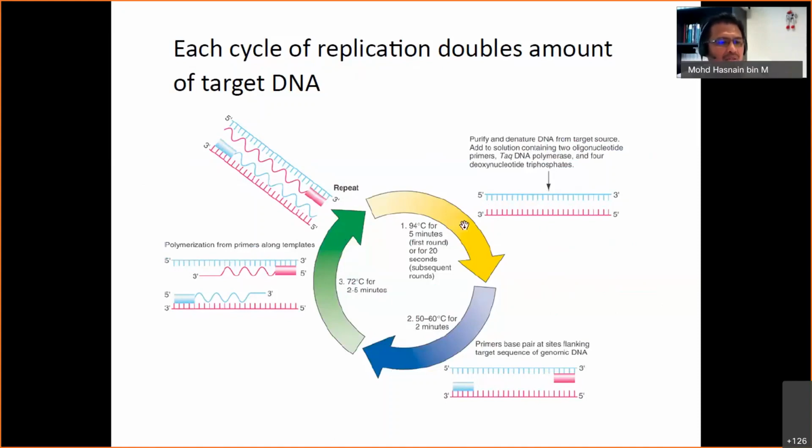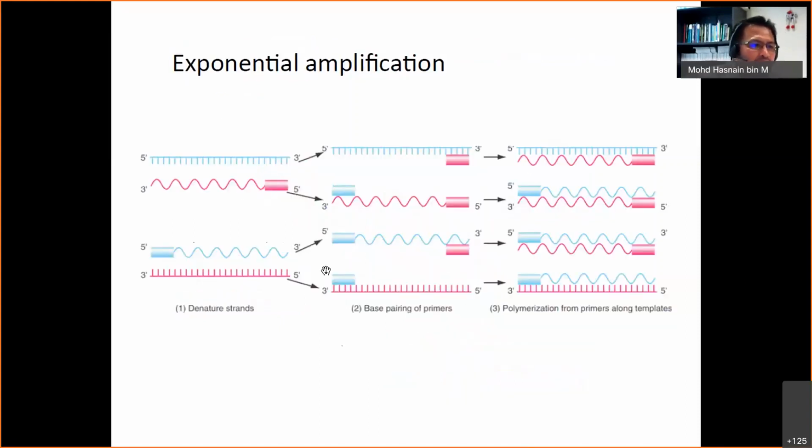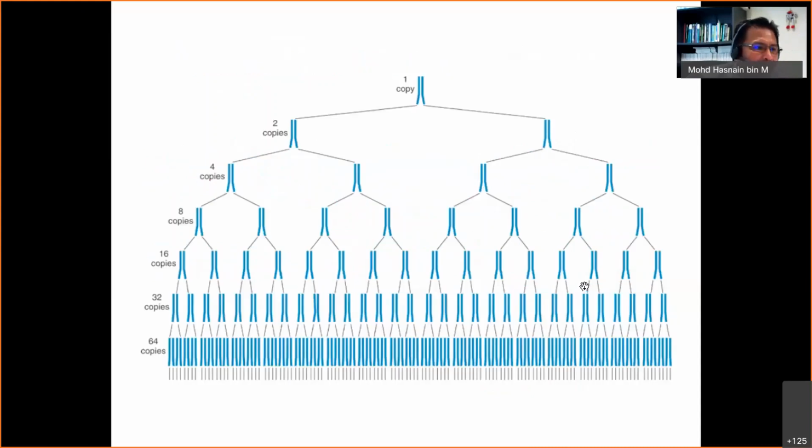So this one is annealing, this one is amplification, this one is, what do you call, separation. Okay, so 94, 50 to 60, and 70. So from one copy, you can have 30 cycles. At the end, you can have 1 million like this.